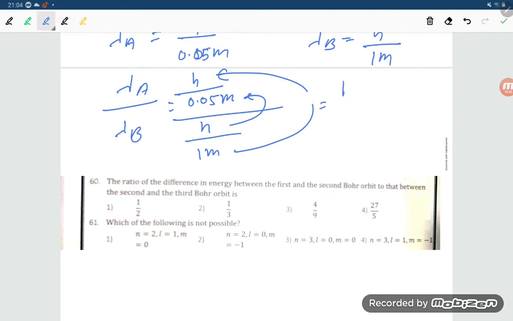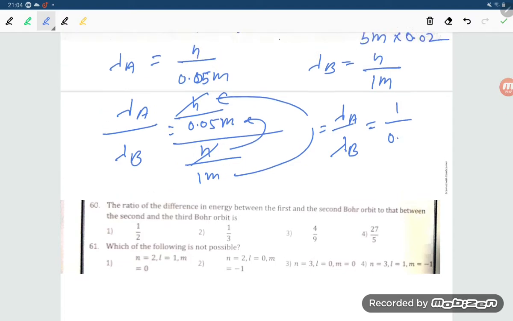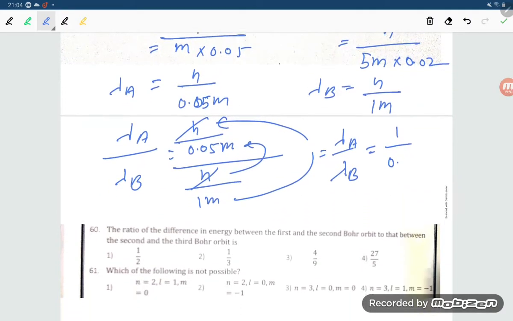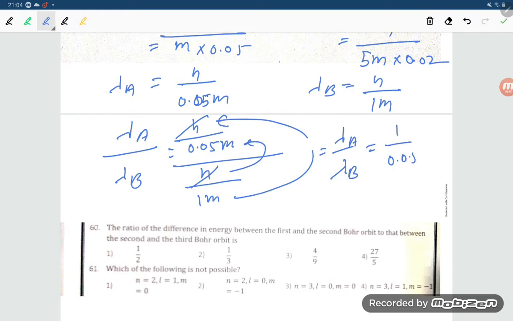How much is coming, students? Lambda A by lambda B, the h cancels out. So this will be 1 upon how much? 0.05.